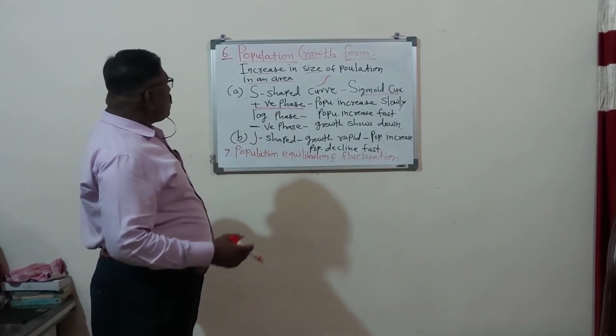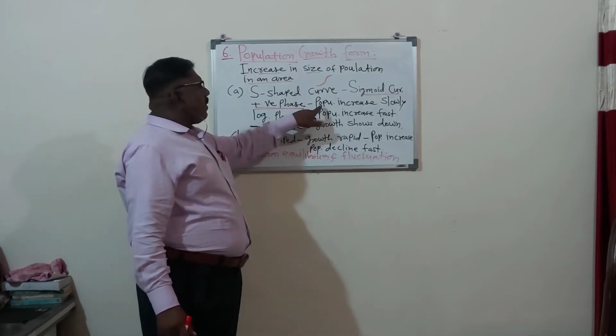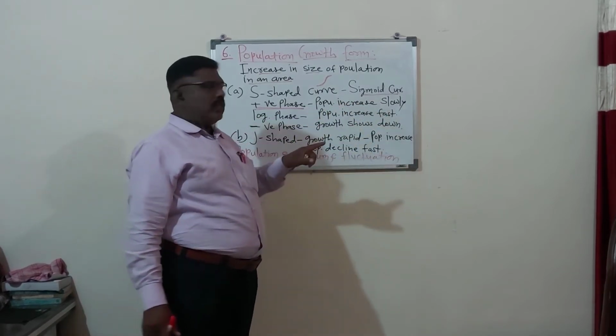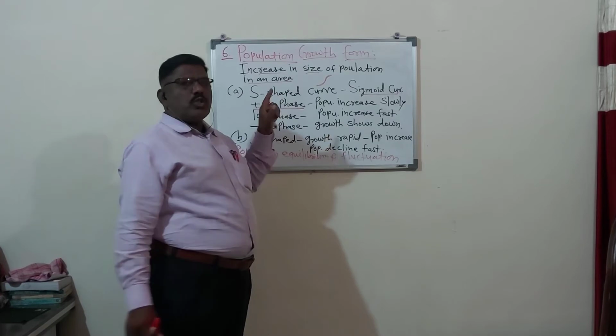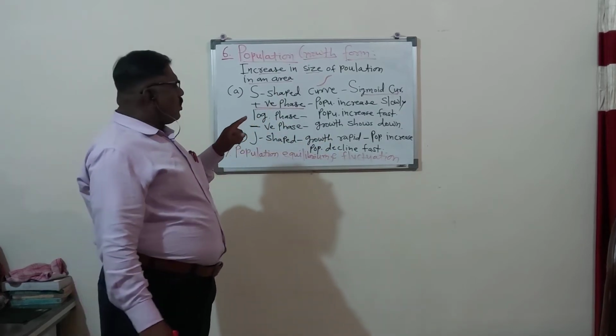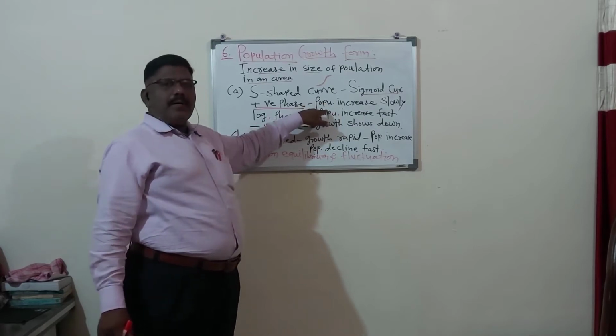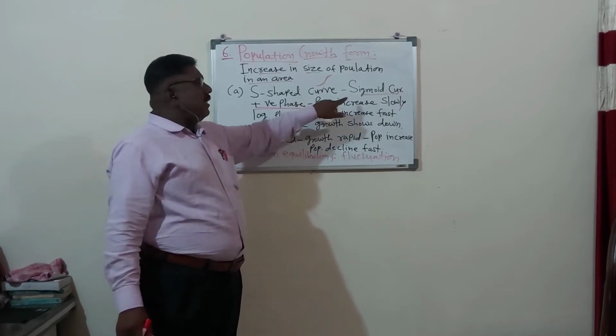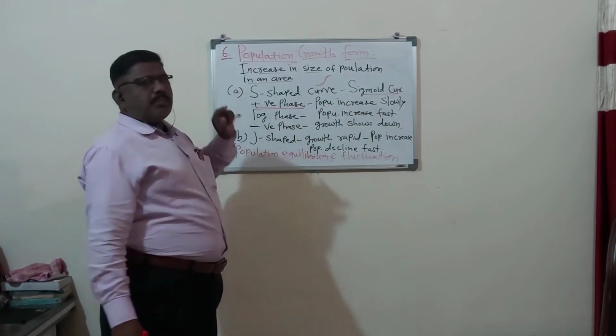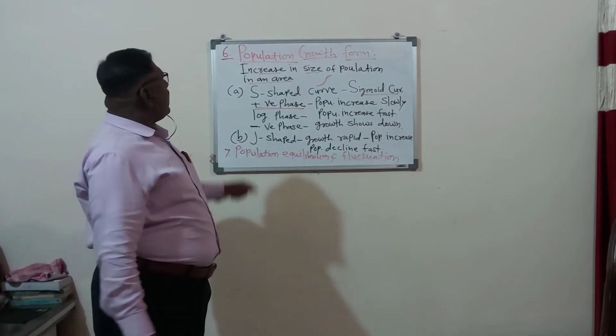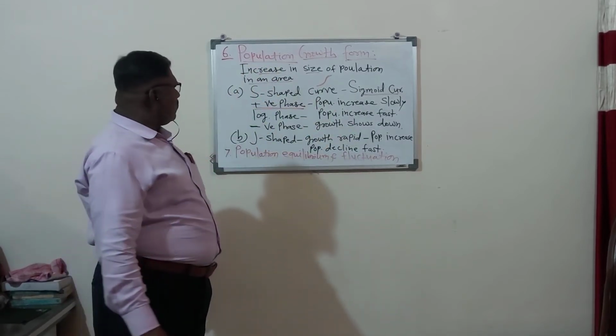What is the positive phase? It means the population increases slowly. That phase is called the positive phase. Positive phase means the number of individuals increases slowly, in the population growth form.